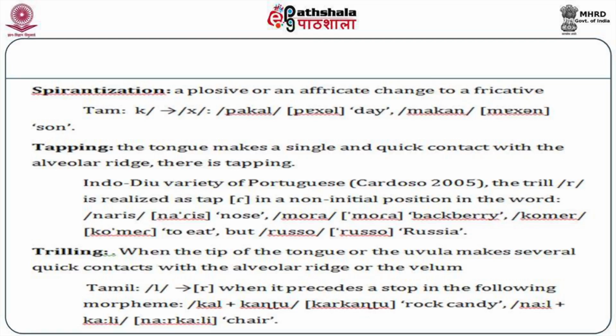Makan is pronounced as makhan, means sun, in some varieties of Tamil. We also have modification types involving tapping. That means a sound such as a trill is pronounced as a tap, and trilling, a sound which is not a trill such as a tap, is trilled, that means it is pronounced with several tappings. Examples are given on the screen.